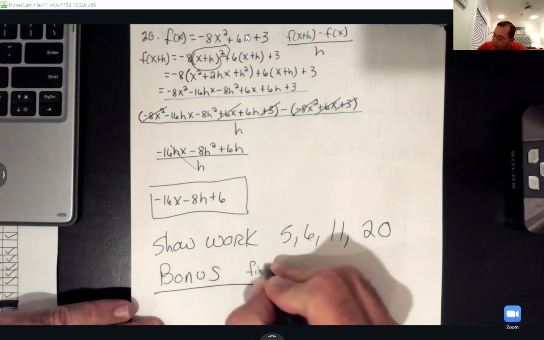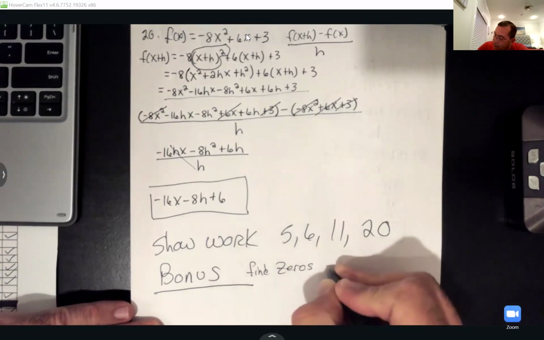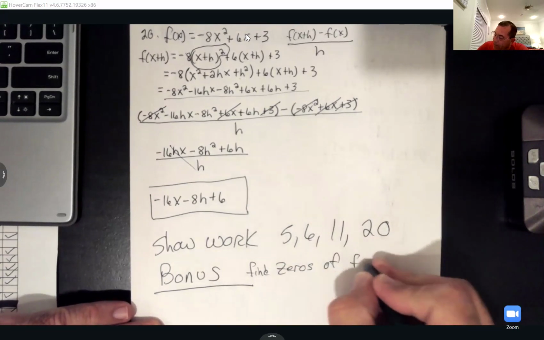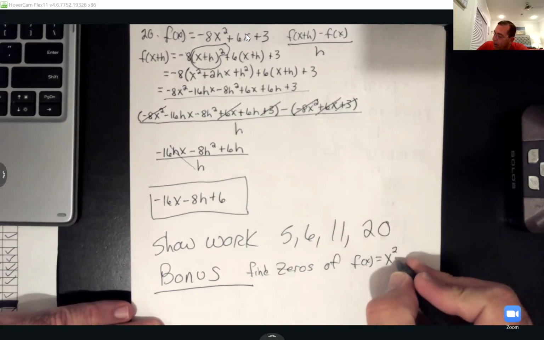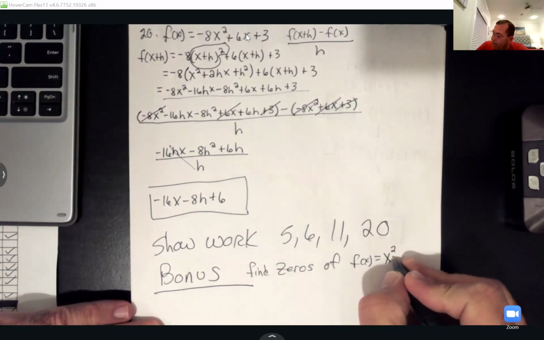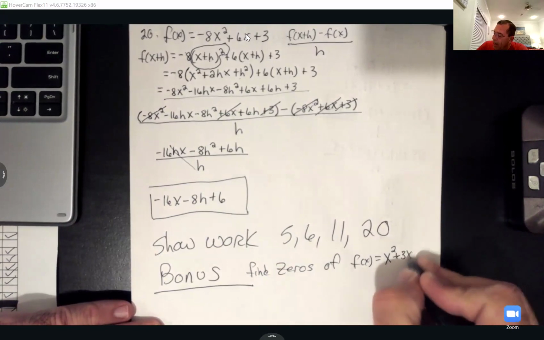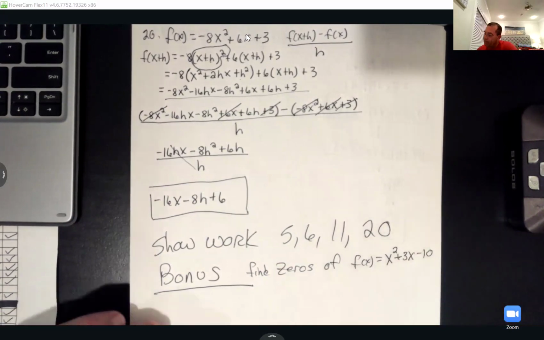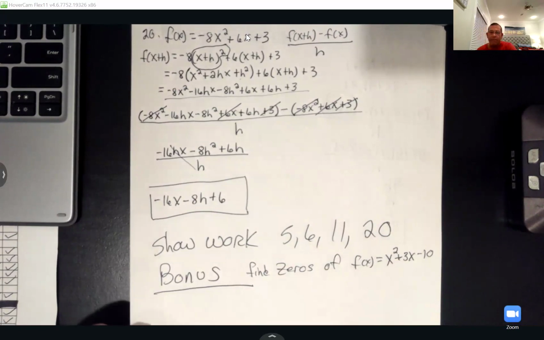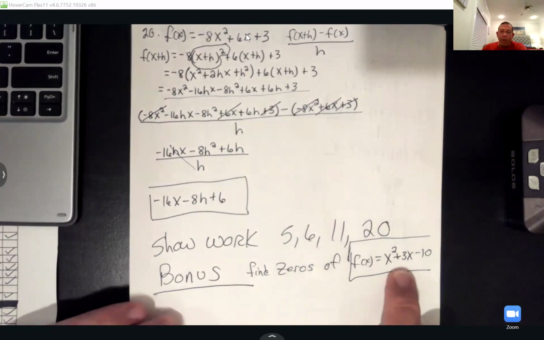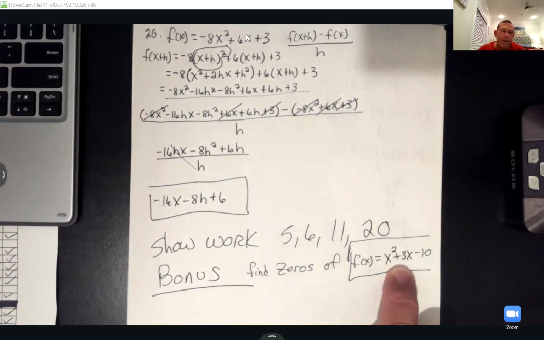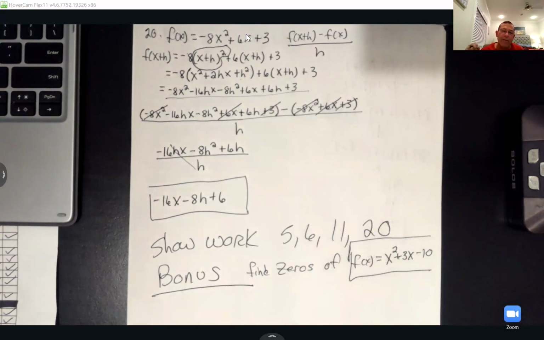On the bonus, you're going to find me the zeros of f of x equals x squared plus 3x minus 10. If you want to copy it now, you'll email me that back sometime before the due date on the test, and that'll be worth 5 points.